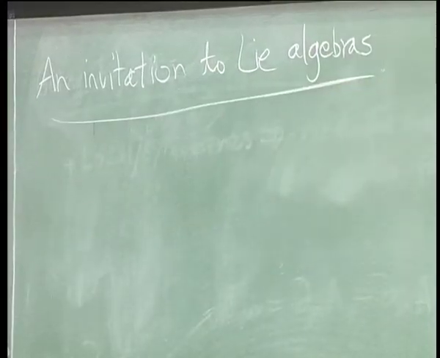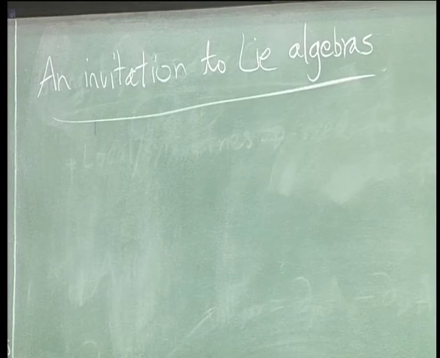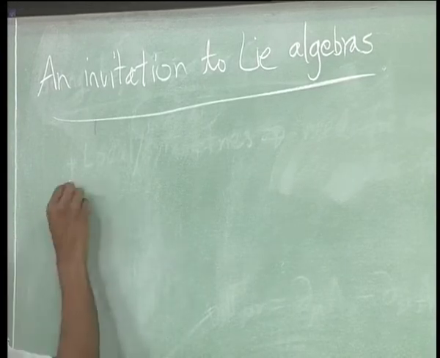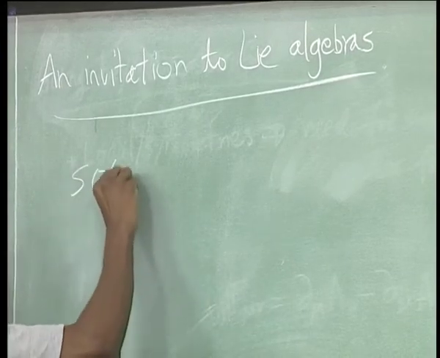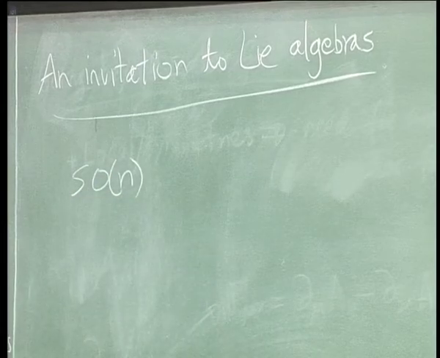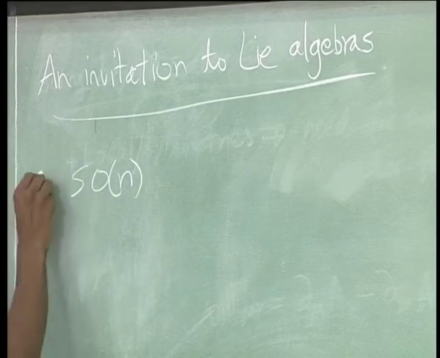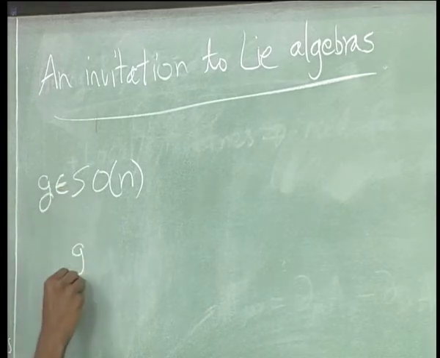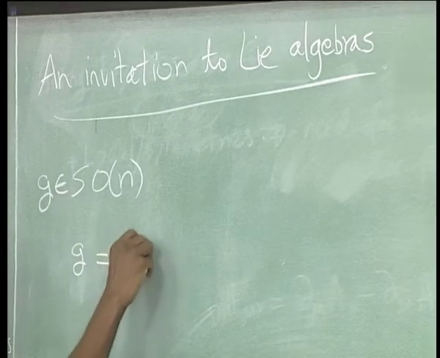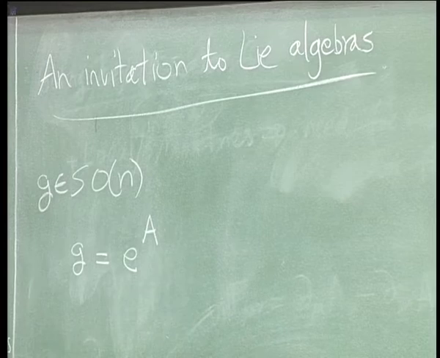So, the starting point is the following, which we already know some things. We saw that any SO(N) group element could be written as e to the power A, where A was an n by n antisymmetric matrix.